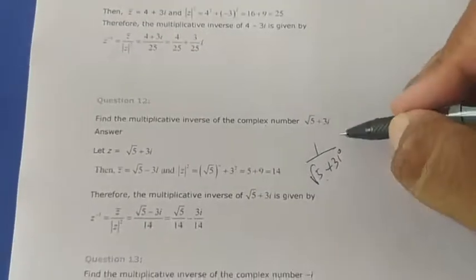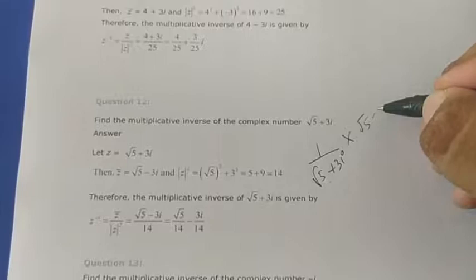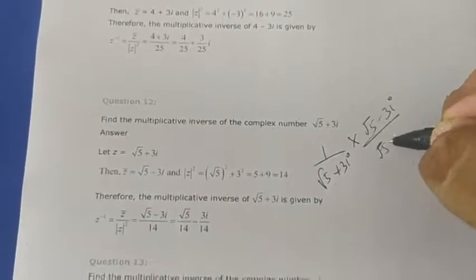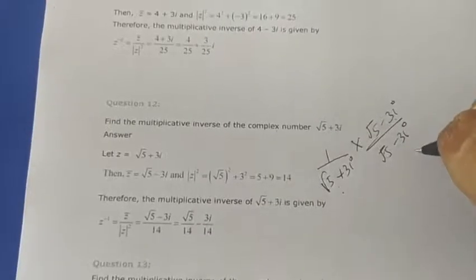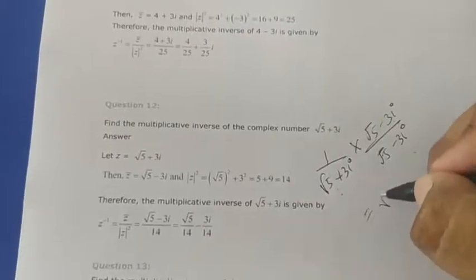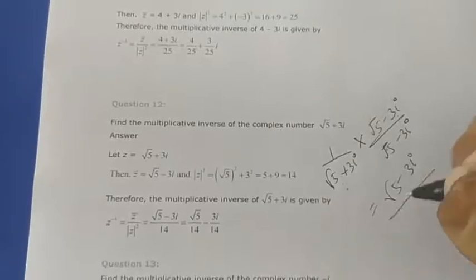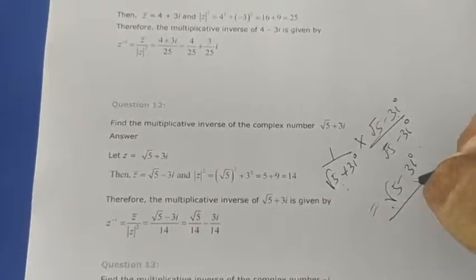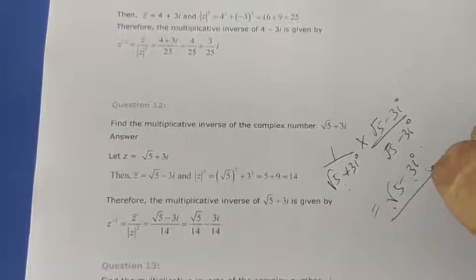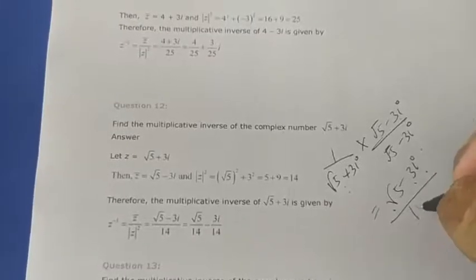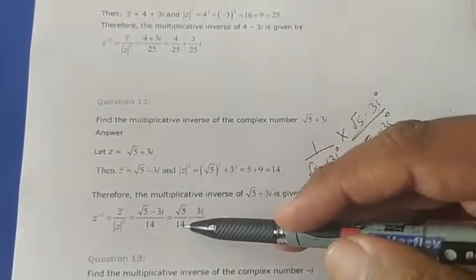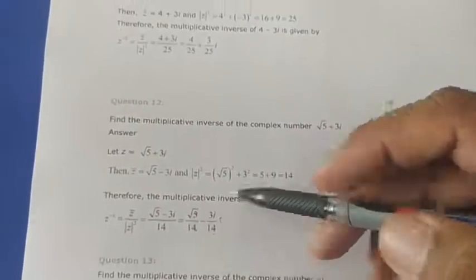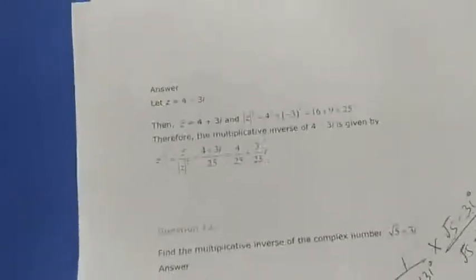Now do the rationalization: multiply by (root 5 - 3i) by (root 5 - 3i). Numerator will be as it is, denominator will always be a² - b². Then you will get (root 5 - 3i) by (root 5 square is 5, 3 square is 9, iota square is -1), 5 + 9 will be 14. Separate the values: root 5 by 14 minus 3 by 14 i. That's the answer. So that is how you can calculate the multiplicative inverse.